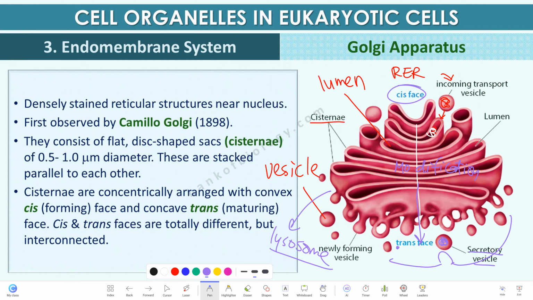Protein gets modified, and then it is packed into secretory vesicle. On which phase? Trans phase. What's the other phase? Cis phase. What's another function of this? Formation of lysosomes. Is it good?